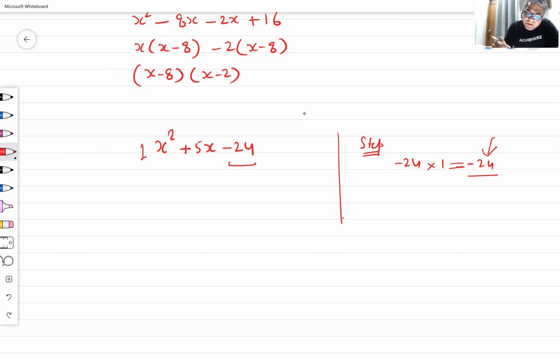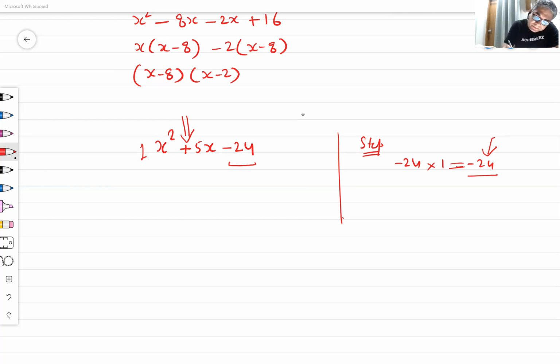Because positive and negative multiplication will give me a negative. But at the same time, I will see what is the sign here. It is plus here, which means my larger factor should be positive and smaller factor should be negative.